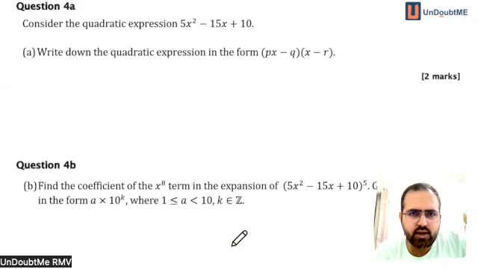Consider the quadratic expression. Write down the quadratic expression in the form of. Quite easy. This is not a question of binomial to be precise. This is the question of quadratic factorization. Try.